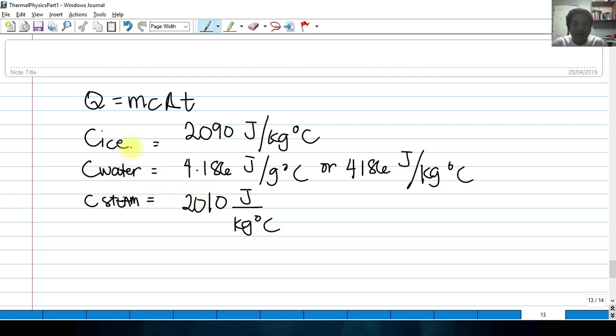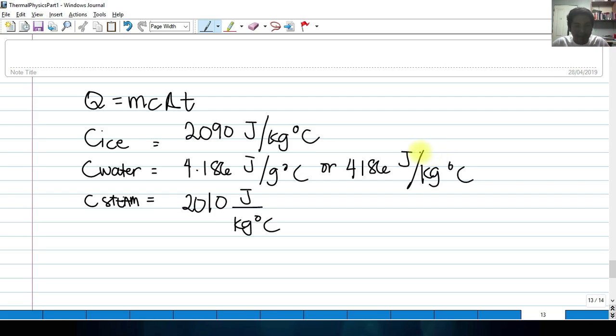So we must be consistent again in the unit of the masses. And also for the units of temperature, we have the same. The specific heat of water in terms of Kelvin is the same: 4.186 joules per gram Kelvin, or in terms of kilogram, that is also the same as 4,186 joules per kilogram Kelvin.